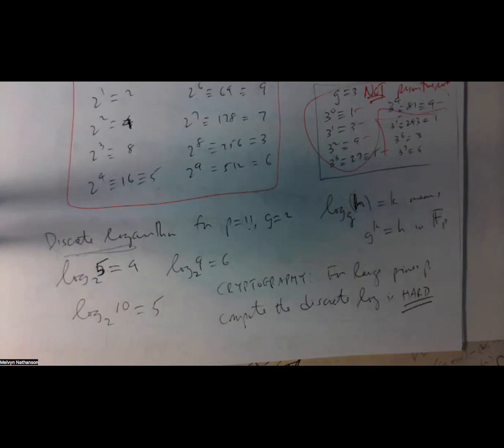For a prime like 11, it's easy. But if you have a prime with 1,000 digits, it is no longer easy. It's very hard. And if you take a prime with 100,000 digits, the universe might burn out before you can solve the discrete logarithm problem.